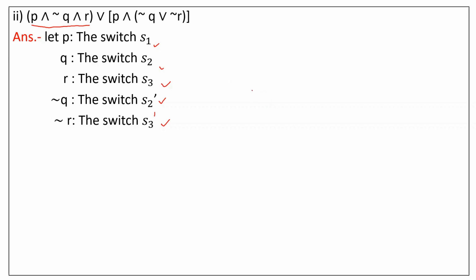As AND is there, that means these three are in series. So I will draw three switches which are in series. First is P, means S1. Next is negation Q, means S2 dash. Next is R, that is S3. Okay. So first bracket is clear.